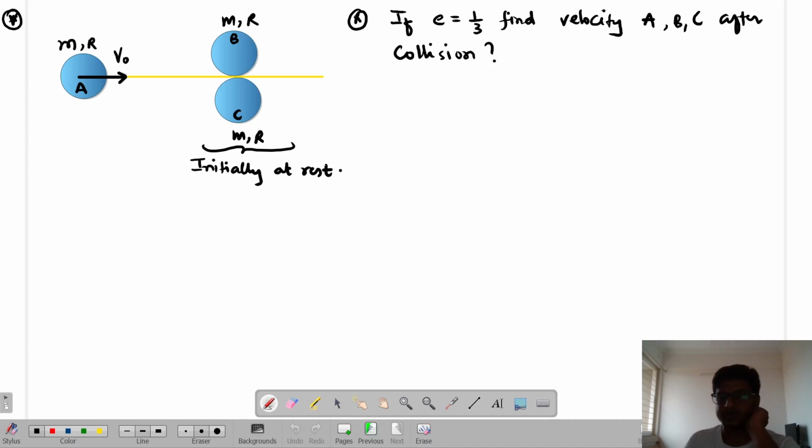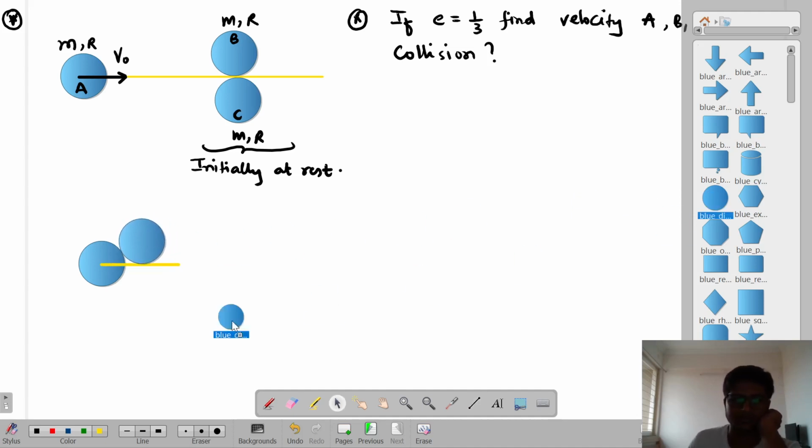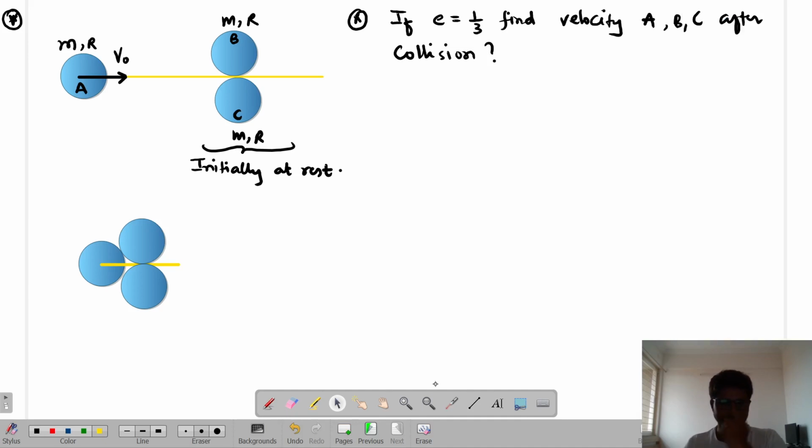So what will happen when they collide? Let us just draw that line. This is how the striker is going to hit.